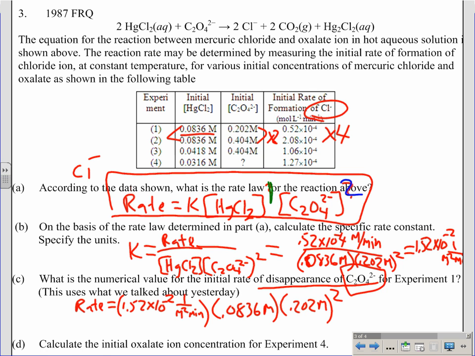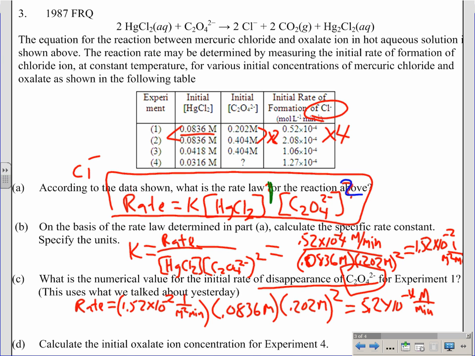And that's a second order relationship, so it's squared. When I actually do this calculation, I'm not going to get my final answer, because in this particular case, I'm calculating this with respect to Cl minus. So this rate is for the rate of Cl minus, and it ends up being 5.2 times 10 to the negative fourth, and that would be molarity per minute, since I'm dealing with a rate.